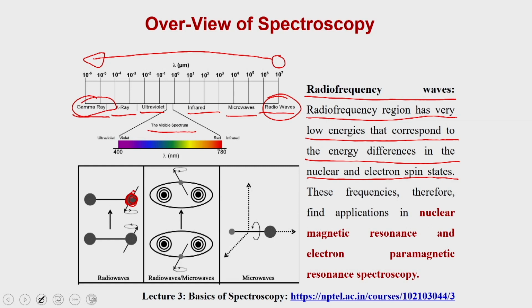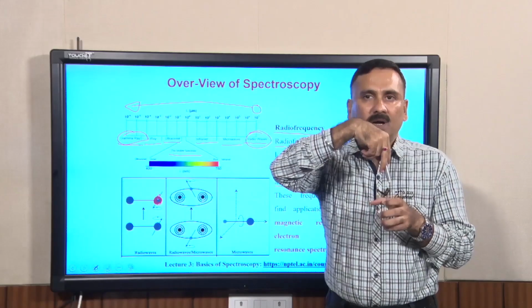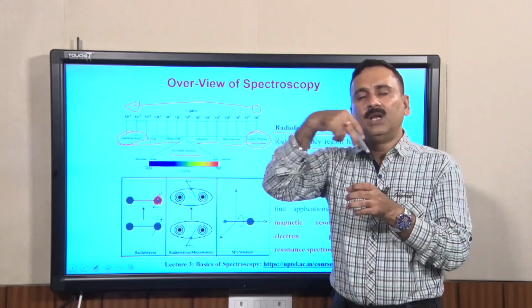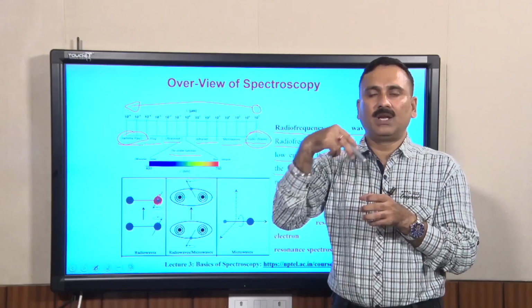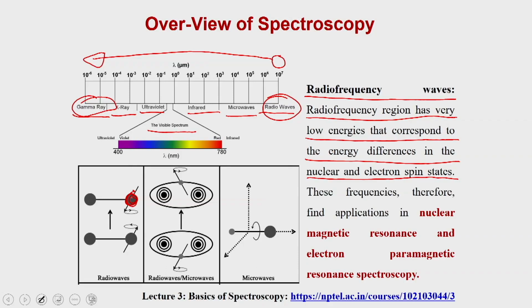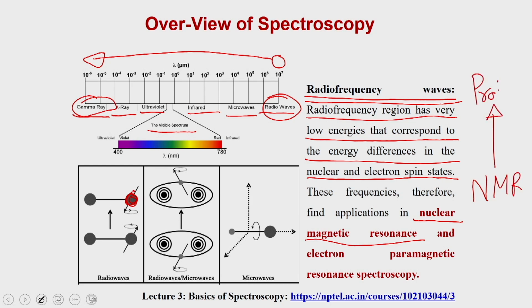Whether you are studying the spinning of the protons which are present inside the nucleus, or the spinning of the electrons which are present in the outer shells, for these purposes you can use the radio frequency waves in two phenomena. You can use them for nuclear magnetic resonance, which is called NMR. That is going to study the rotation movement in terms of the proton.